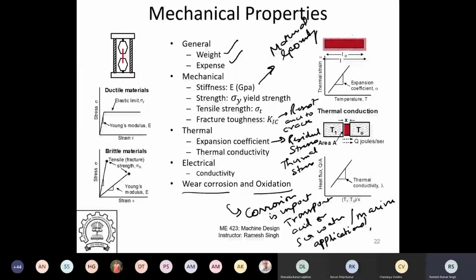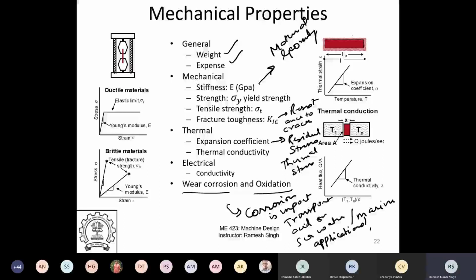Then one of the other important things is something called yield strength. When I'm designing, I don't want my material to fail.